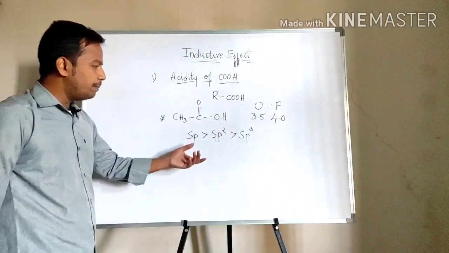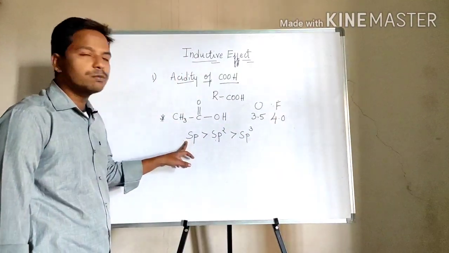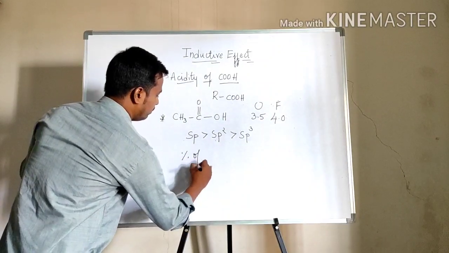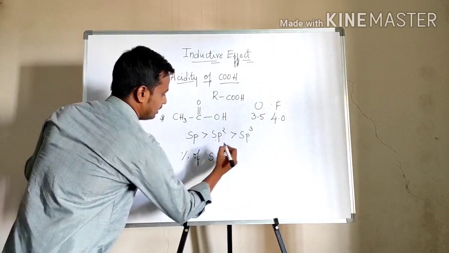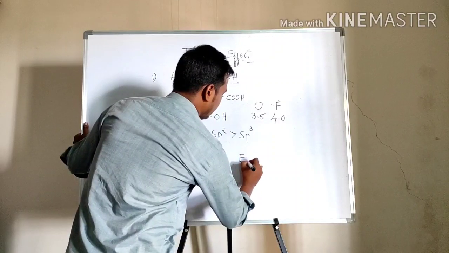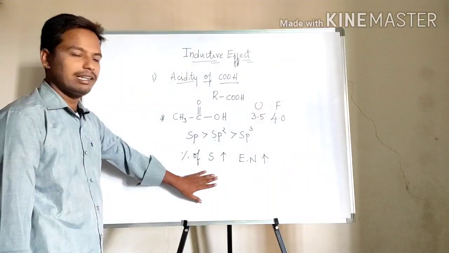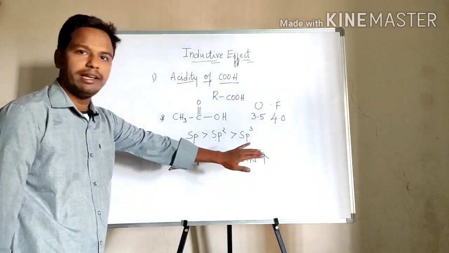Simply put, if the percentage of s character increases, electronegativity also increases.